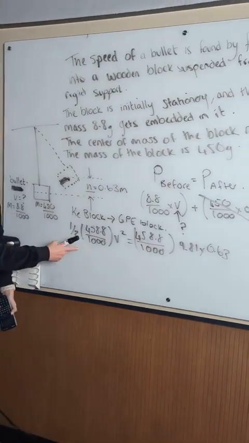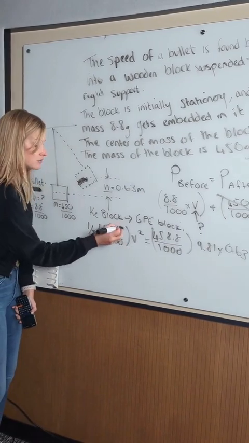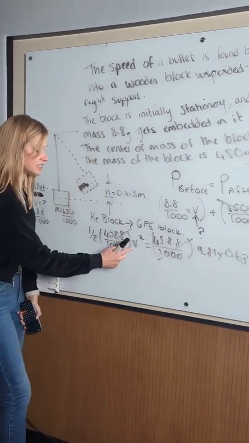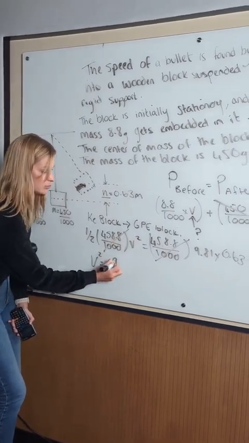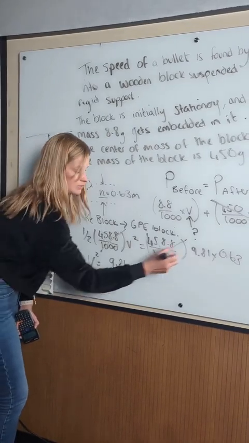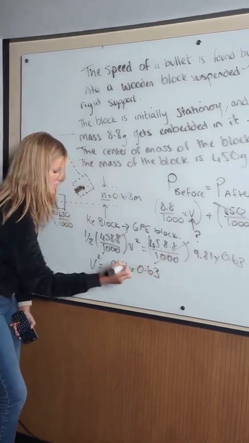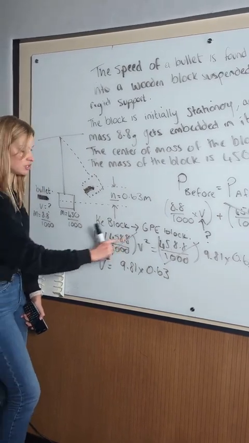If you look at it, I can cancel the mass on both sides. To find the speed of the block, or v squared, all I do is 9.81 times the height, 0.63, and then multiply both sides by 2.